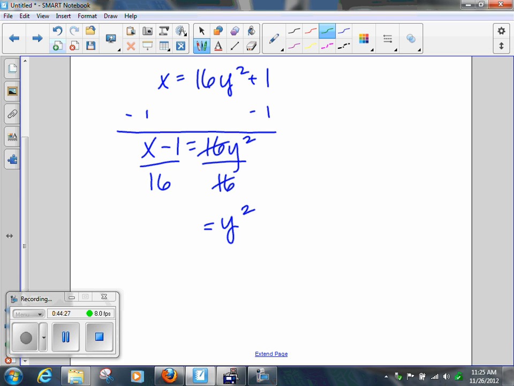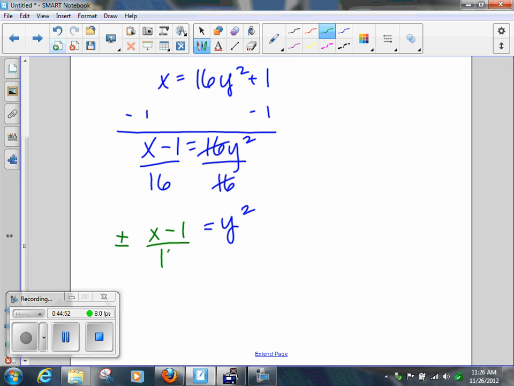Now, we're taking the square root. We're not talking the principal square root. So what do we have to be careful about with our signs here? We don't have to worry about it with an odd power or an odd root, but when we're taking the square root, don't we have to be mindful of that plus minus?